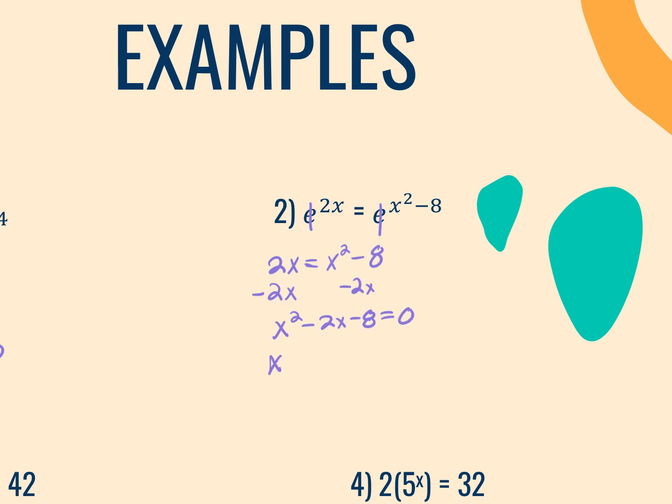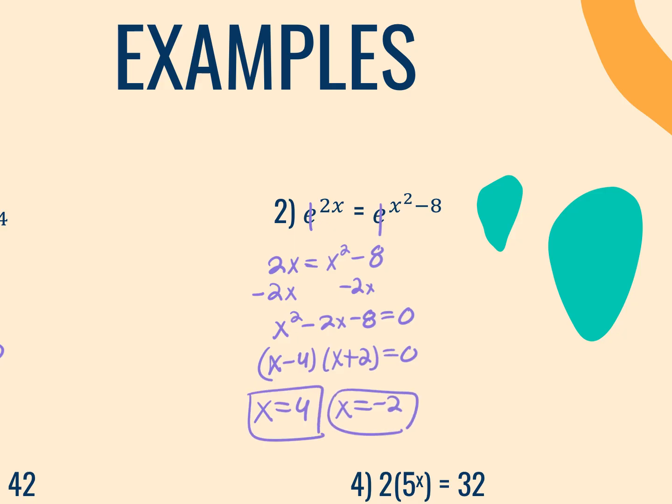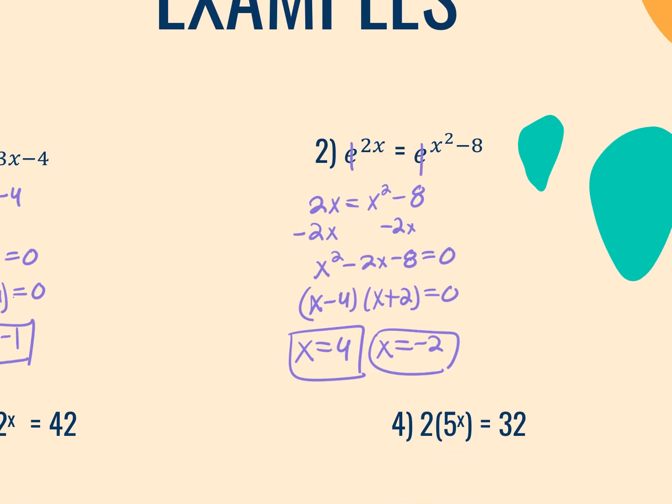And then this is also factorable, so we get x minus 4, x plus 2 equals 0. And so we get x equals 4 and x equals negative 2. So we get two answers again. Again, the domain of exponential functions are all real numbers, so I don't have to check those answers. I know that they are correct.